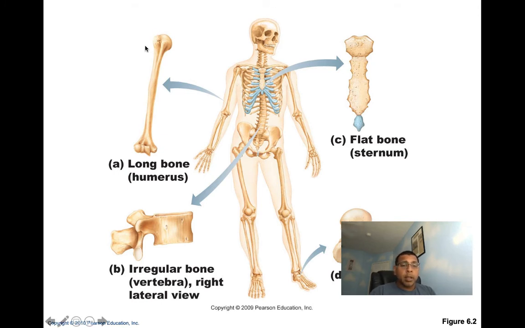So here you could see a long bone. They have a shaft and they have two ends. One end, and here's the other end. Examples of long bones: all limb bones except the patella, your wrist bones, and your ankle bones.